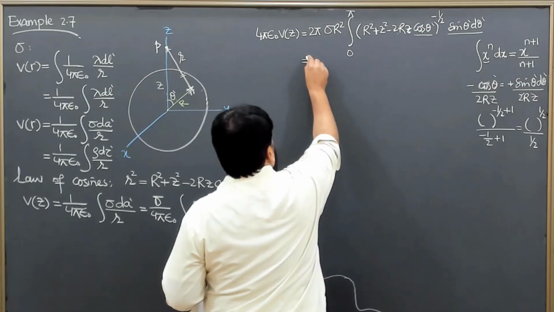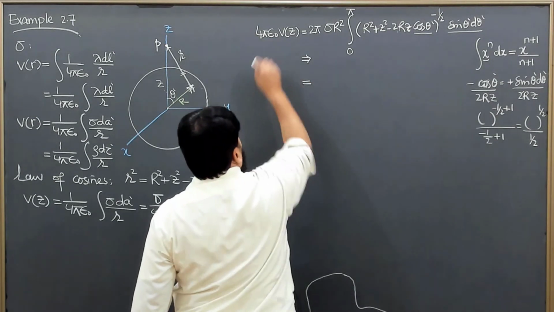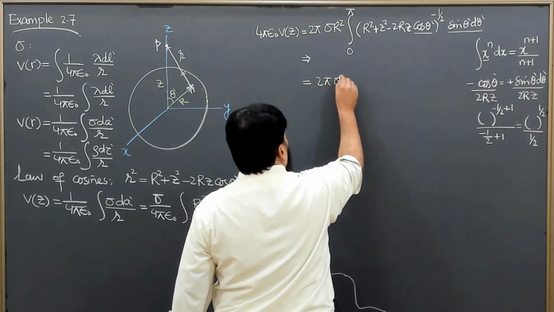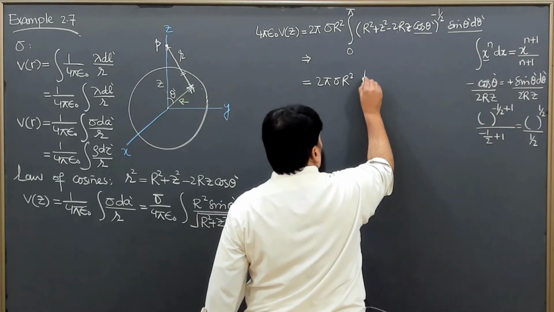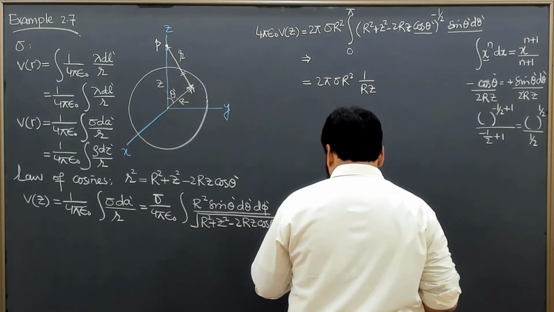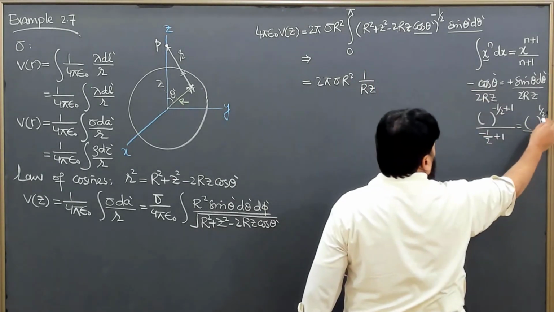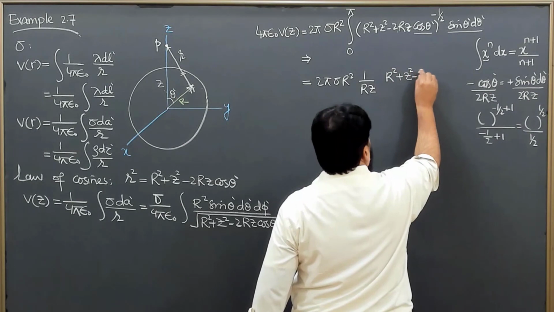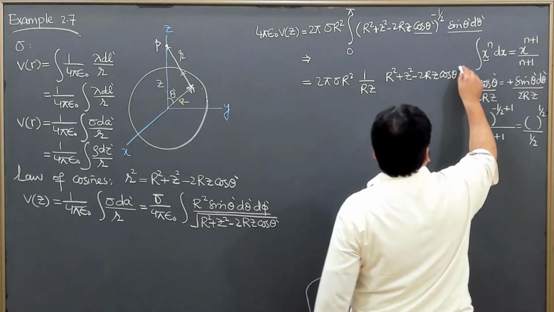So this implies that 4 pi epsilon naught V of Z is equal to 2 pi sigma R squared, and then 1 over RZ here, and then this integral, which will be the square root of R squared plus Z squared minus 2RZ cos of theta prime.